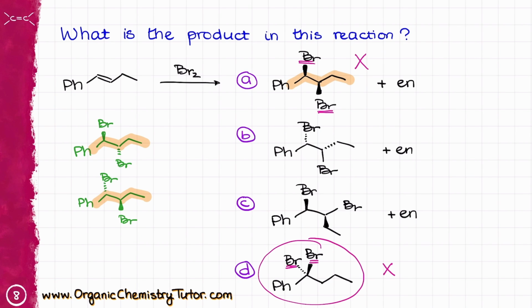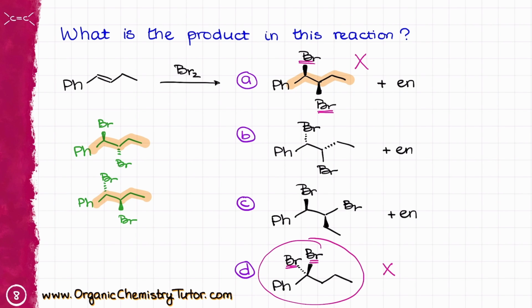So now I have B and C, where my overall skeleton is a little bit twisted in space, so it is going to be a little bit more challenging to see right away which one might be the final product for that one.